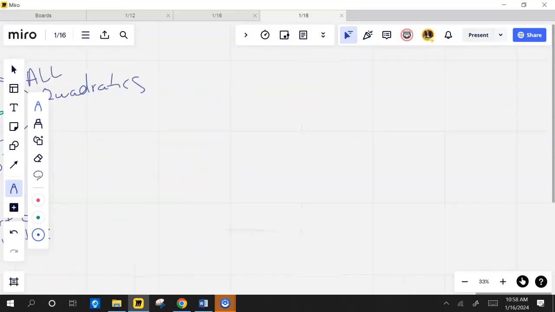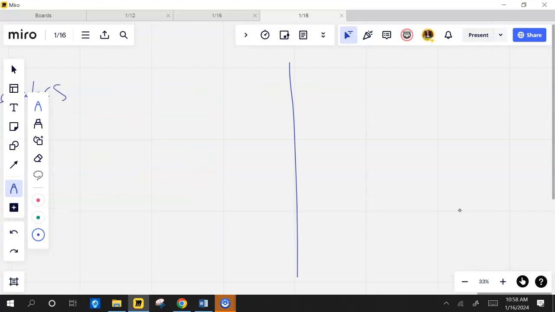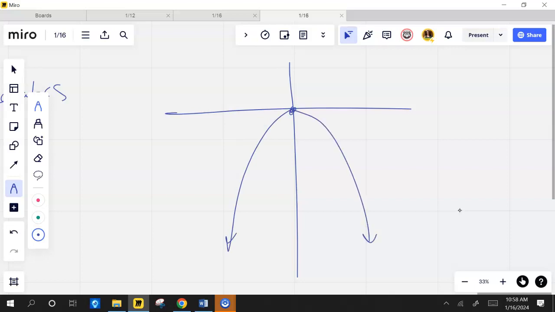I don't want to go too fast if y'all are still working. You take just a second and do the domain and range of that. What's your domain?